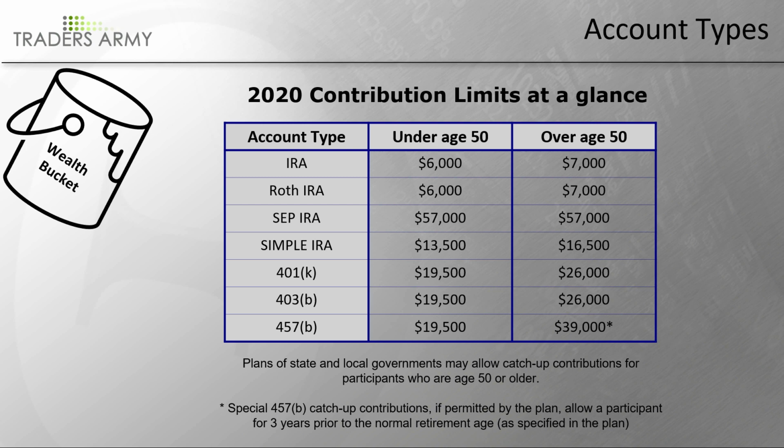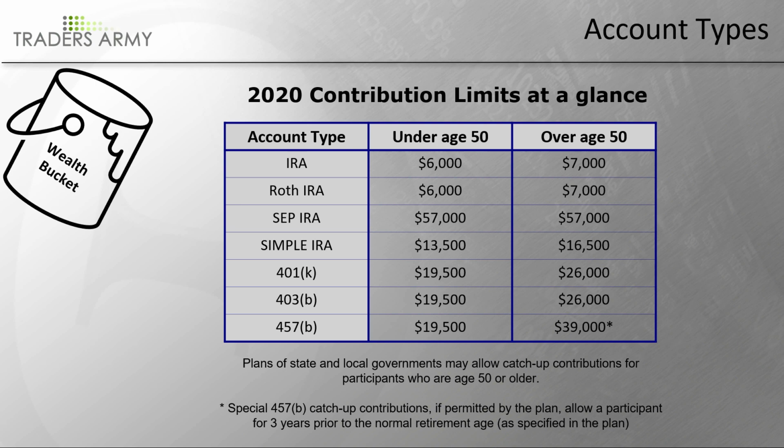This is for most small business owners, probably the one that's going to allow you the highest amount of contributions, and it makes a lot of sense because I can now put $57,000 of tax deferred money away in order to save. That will oftentimes reduce your taxable liability for your personal income, and then just puts that money inside the wealth bucket.